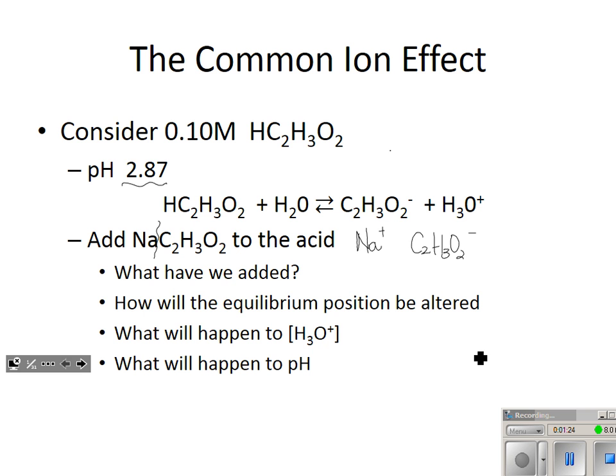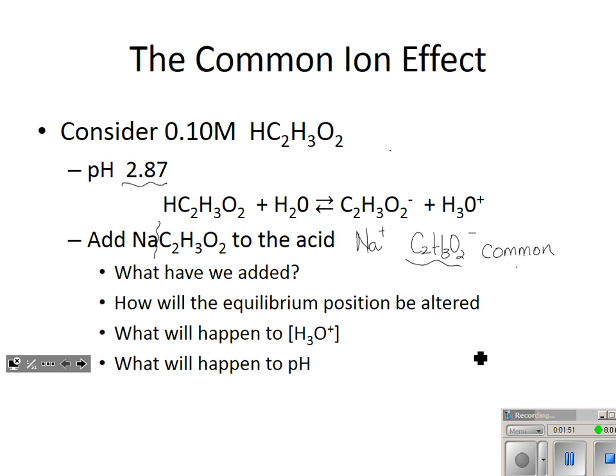If we look at our equation for our weak acid, we can see that sodium is not a common ion. There is no sodium in any of these compounds, so we can ignore the sodium ion. However, acetate is present in the equation, and that is our common ion.